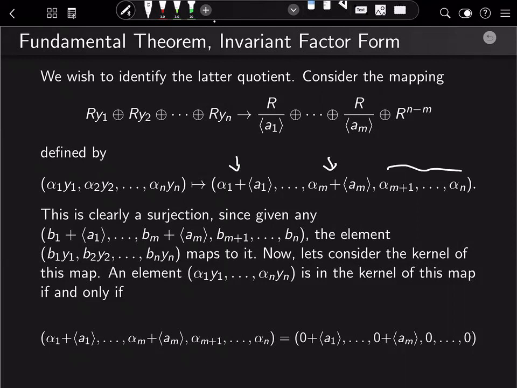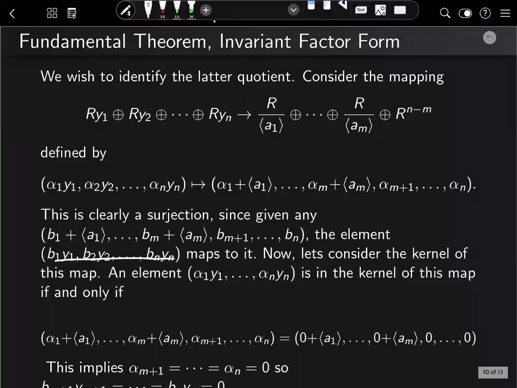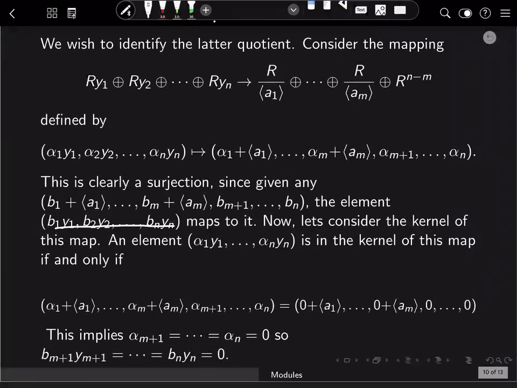Now, an element alpha 1 y1 through alpha n yn is in the kernel of this map if we have this equivalence here. Okay, well, what does that tell us? Right off the bat, we know that this piece right here has to be equal to 0. So that means alpha m plus 1 through alpha n has to be equal to 0.